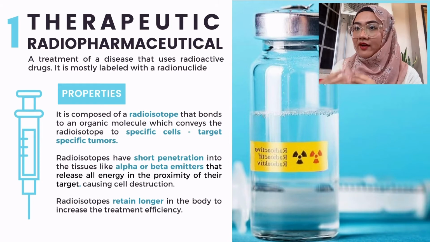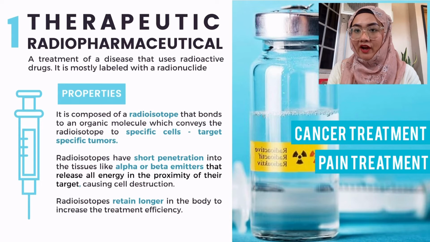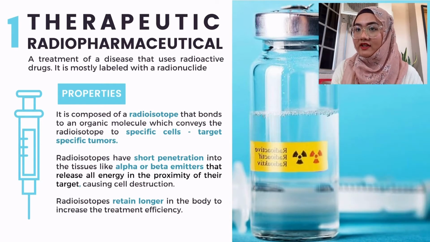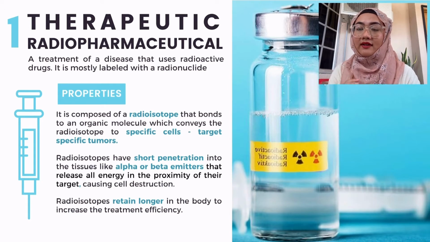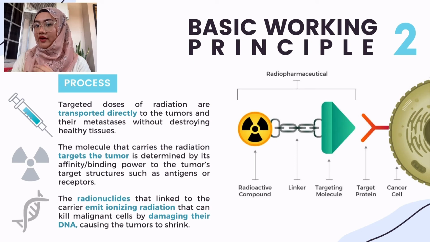This is very useful for cancer treatment, and pain treatment in palliative care for bone cancer or arthritis. Another property of radiopharmaceutical is that the isotopes are retained longer in the body than the diagnostic ones to increase the treatment efficiency. So, how does radiopharmaceutical react to our body system?